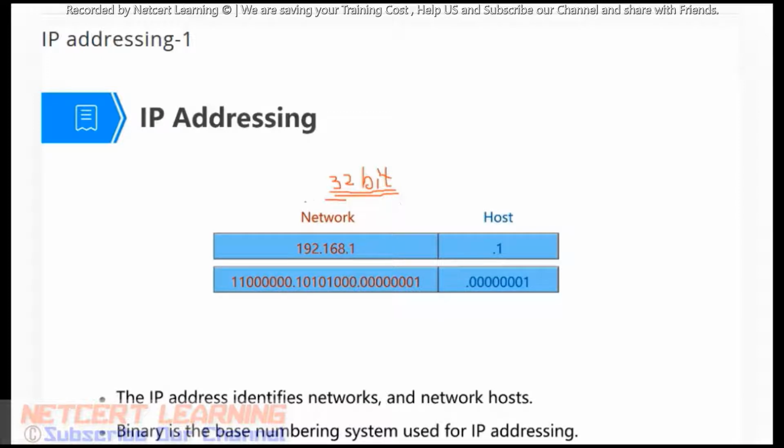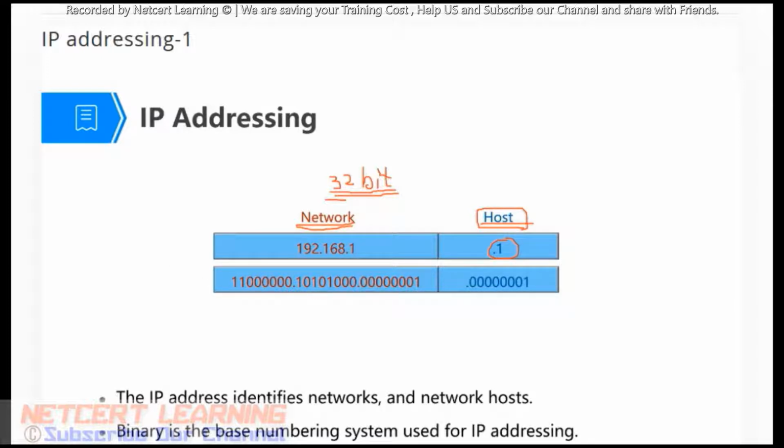One part is the network part, and the other part is the host part. The network part identifies which network this host exists in. The host part means the host number in this network.